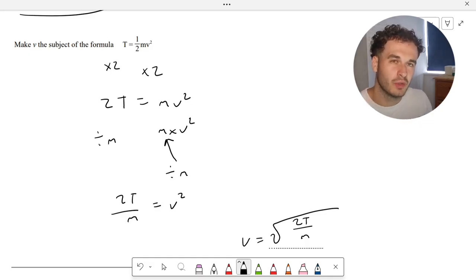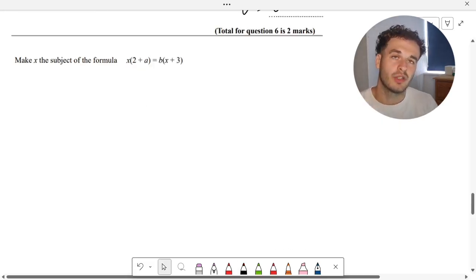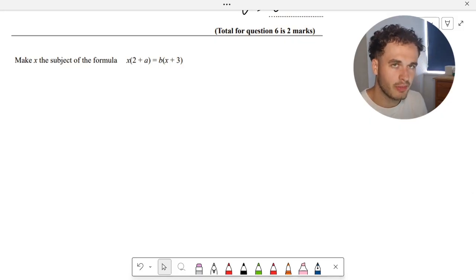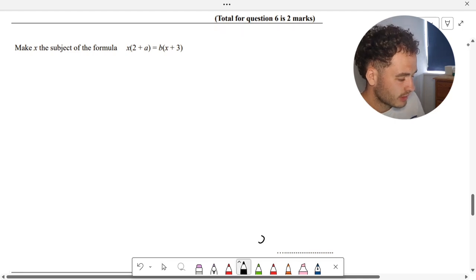Okay, that's very difficult. It would probably be unlikely found on a foundation paper. However, these kind of rearranging equations will definitely appear on your higher paper and not on the foundation paper. So it's important that you pay attention now. There's a little additional step that I haven't really shown you that you need to be aware of to rearrange these kind of questions. So the goal is x equals.